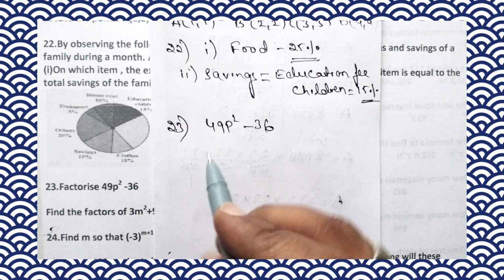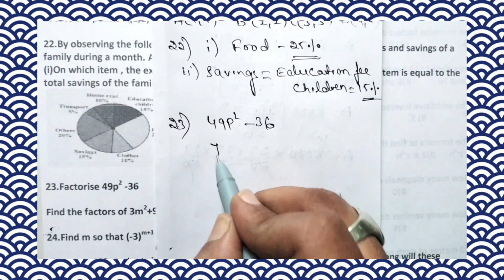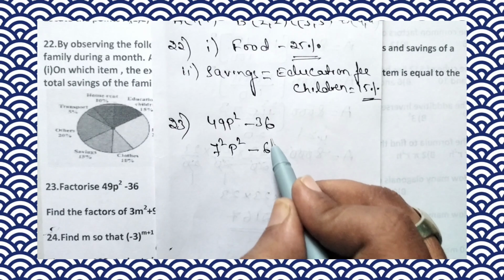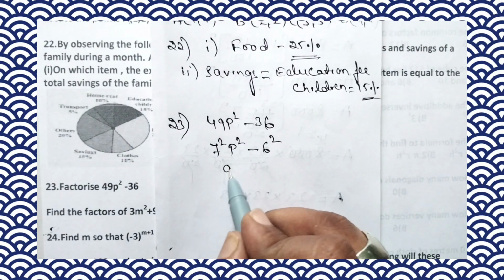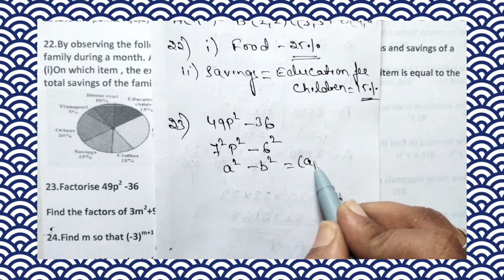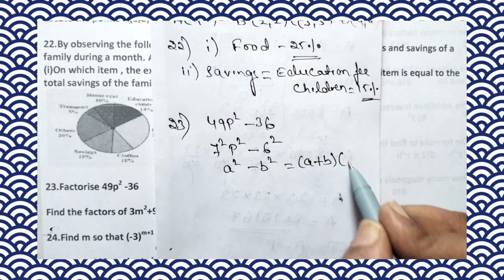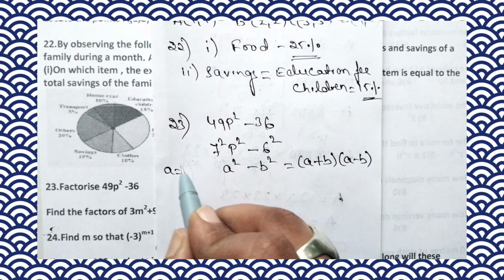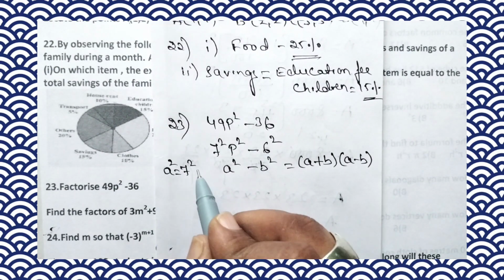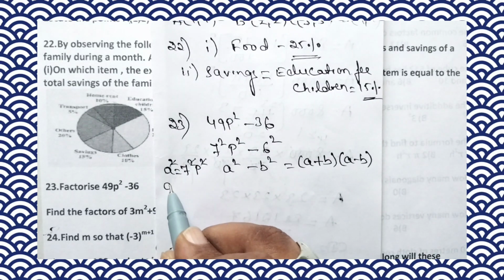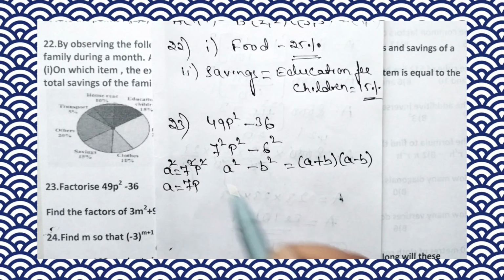49 can be written as 7 square, then p square, and 36 can be written as 6 square. It is in the form of a square minus b square, which can be written as a plus b into a minus b. So a square is equal to 7 square p square. By cancelling square we get a is equal to 7p.